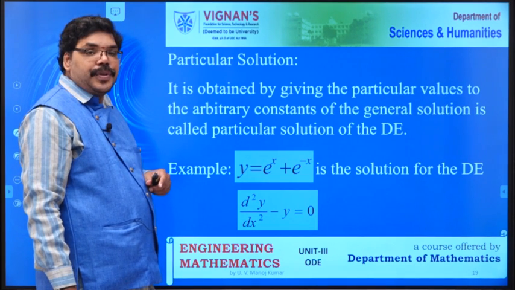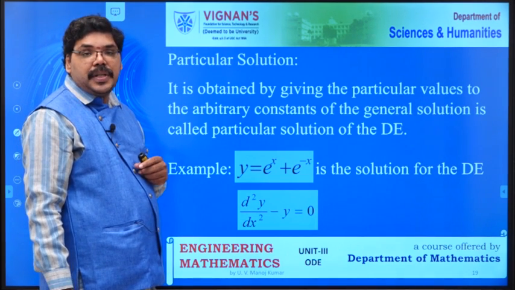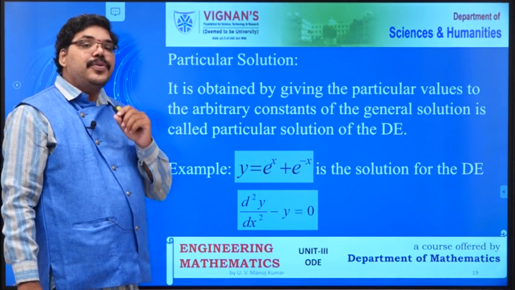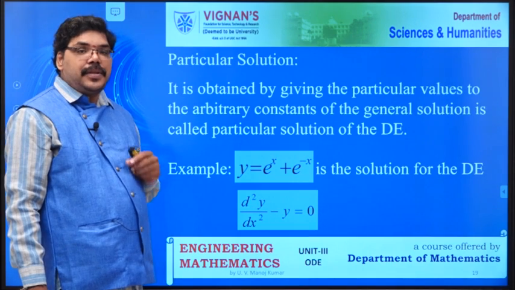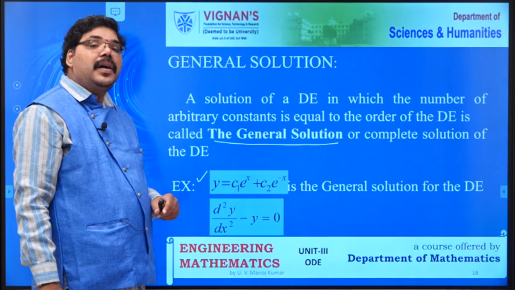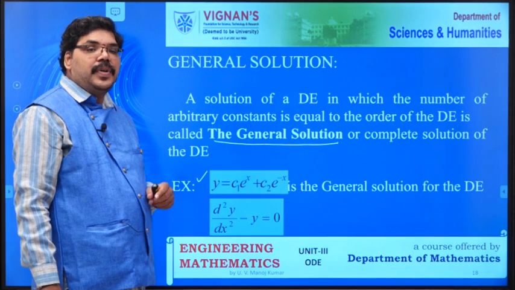Next one is particular solution. How will you get a particular solution? The particular solution is obtained by assigning values to arbitrary constants in the general solution. In the general solution, there are two arbitrary constants C1 and C2.